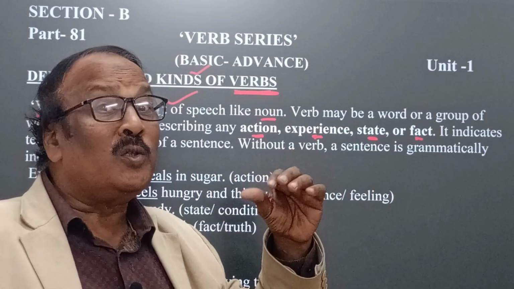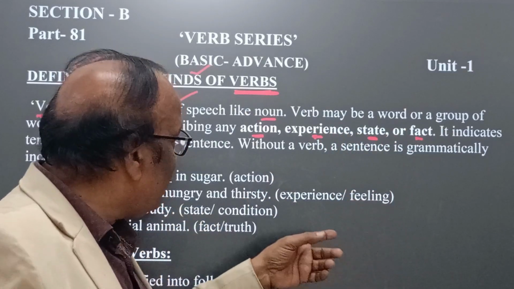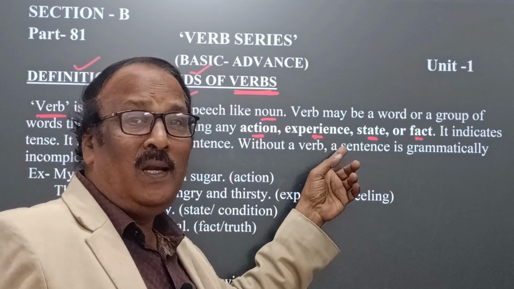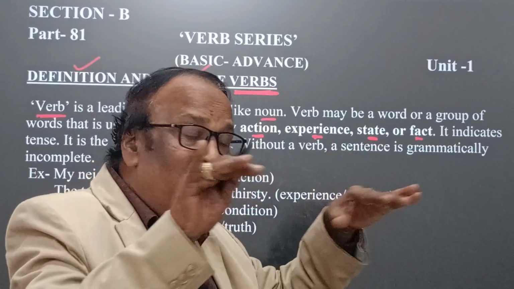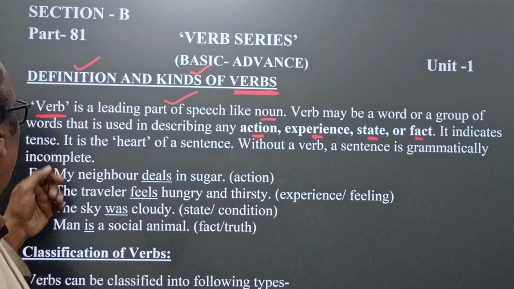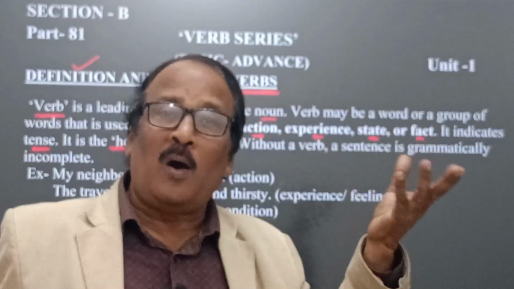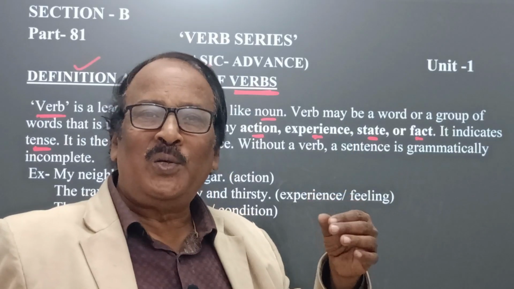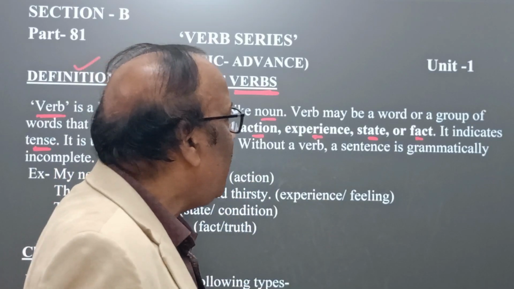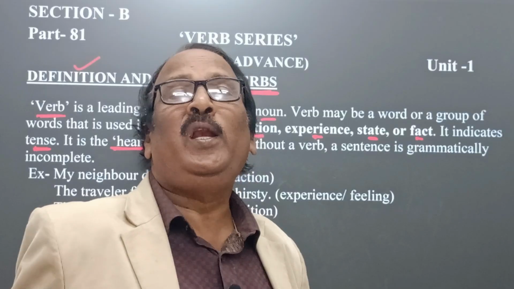So the verb doesn't only express action, it is also used to express experience, meaning feeling, state or condition, fact or truth. It indicates a tense. It is the heart of a sentence. Without a verb, neither a clause nor a sentence can be formed. Without a verb, a sentence is grammatically incomplete and incorrect.